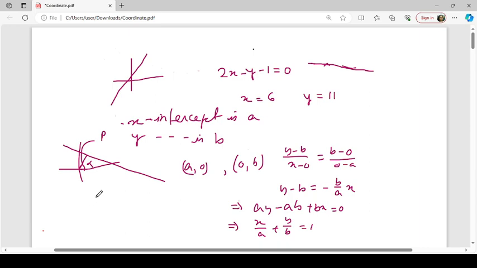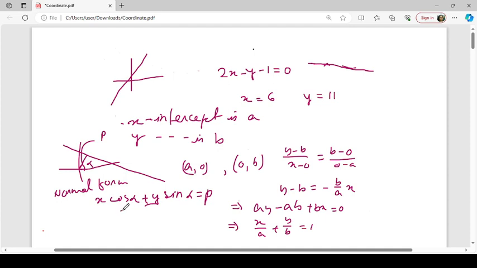So p and alpha are known, and our equation is then x cos alpha plus y sin alpha is equal to p. This is the normal form of a straight line. So x cos alpha plus y sin alpha equal to p.